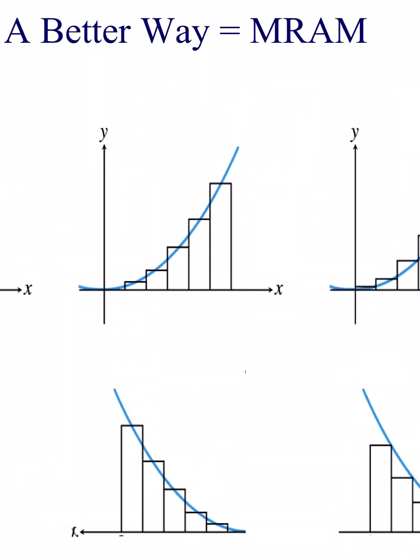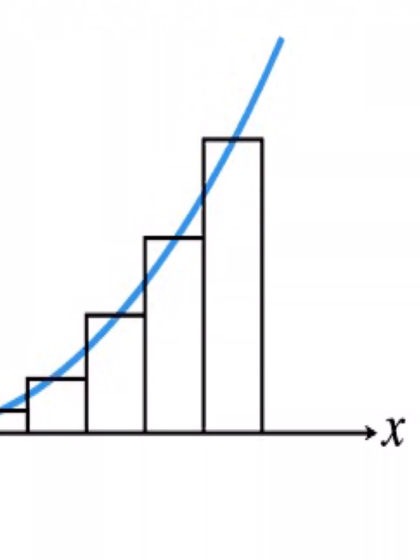So I'm going to zoom in a little bit. Look what happens to those rectangles when we put the middle of the rectangle on the function. Instead of the left corner and the right corner, we put the middle. What happens there? What do you see? It's both. Every rectangle is both above and below.